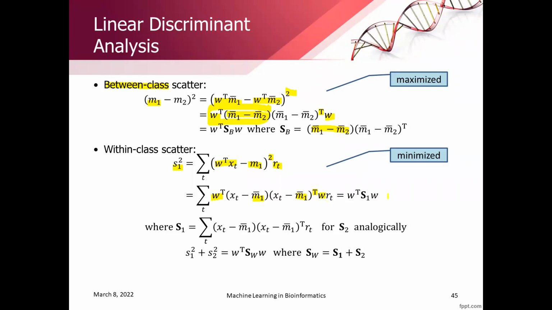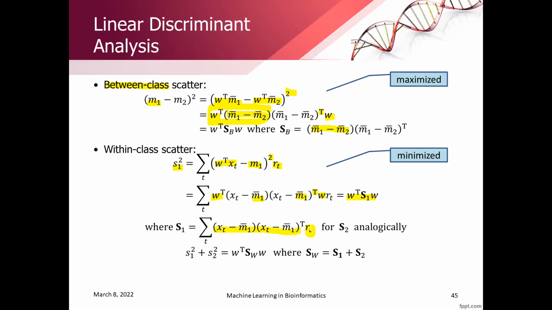So we obtain this form where capital S sub 1 is the corresponding sum, where we sum only the products for which r^t is +1, so only those corresponding to the first class.